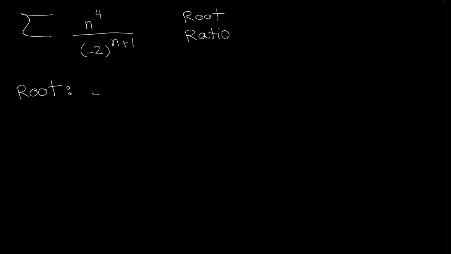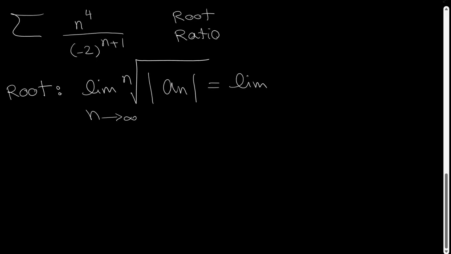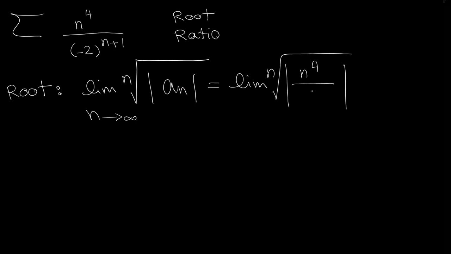By the root test, I'm looking for the limit of root n of absolute value of an when n approaches infinity. So we are taking the limit of root n absolute value of n to power 4 divided by -2 to power n plus 1.